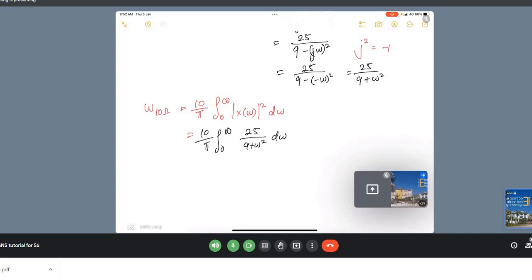Okay, class, can we integrate directly? Can we integrate directly? No, cannot, right? So if we cannot integrate directly, we need to change it. So how to change it? We have the formula.